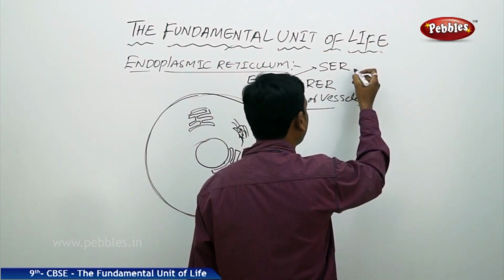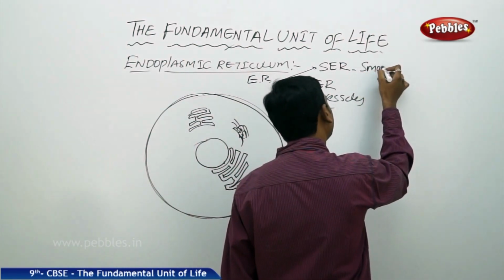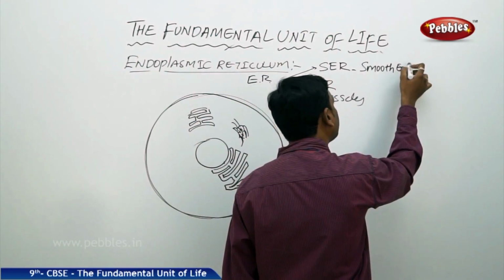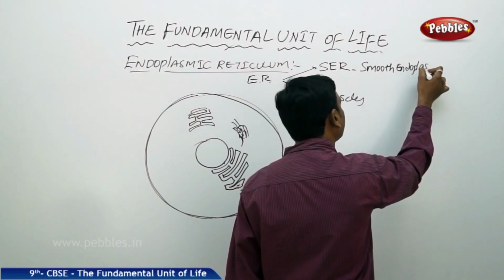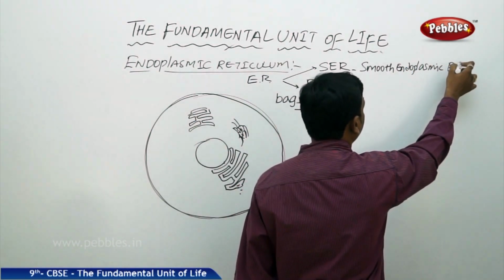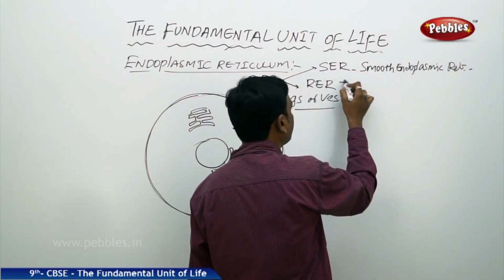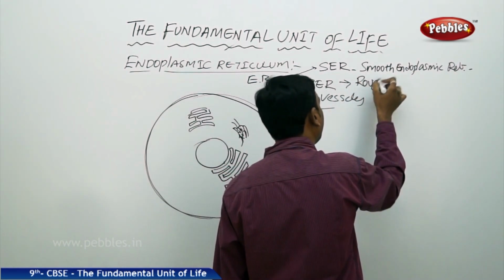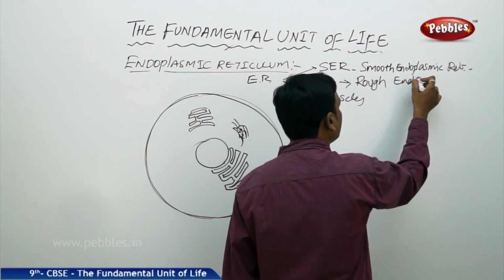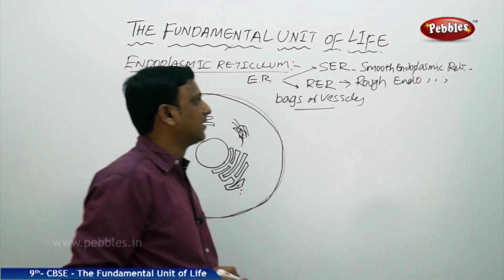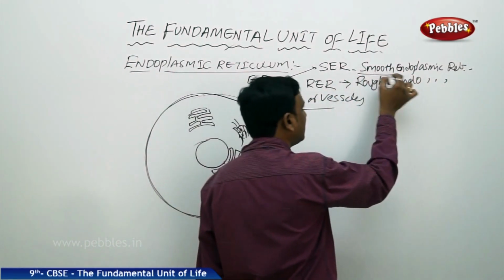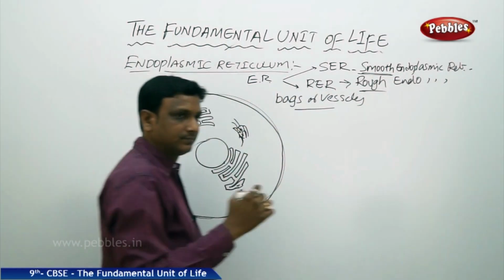SER stands for smooth endoplasmic reticulum, and RER stands for rough endoplasmic reticulum. So here it tells the nature of it, smooth and rough.